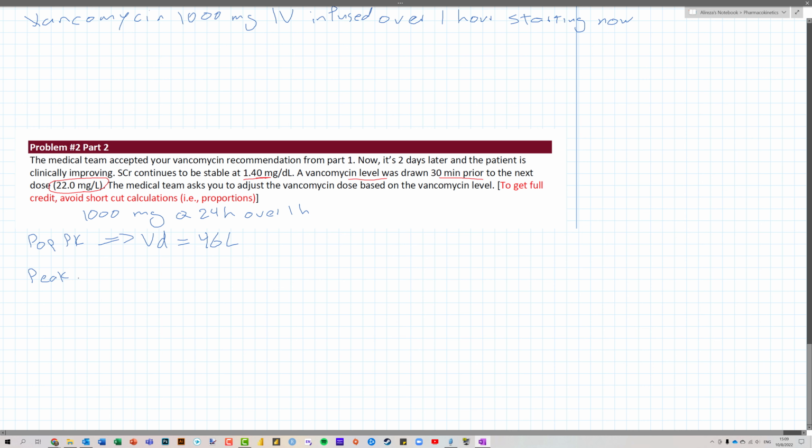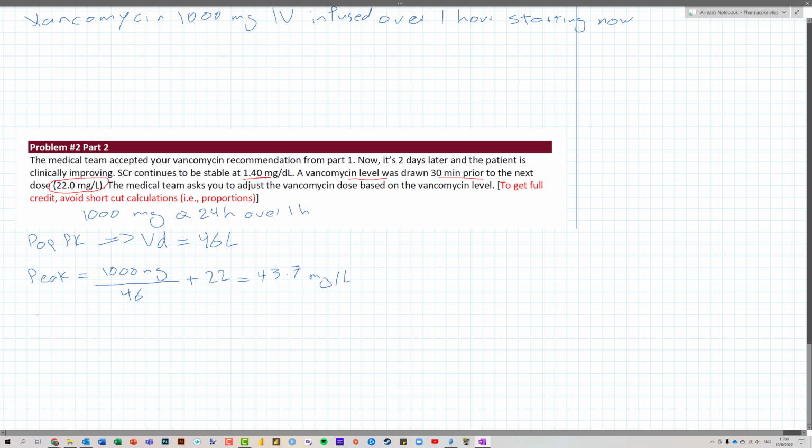So we can estimate what the peak would be in this patient, because we used 1000 milligram, and the volume of distribution we estimated from population PK would be 46, plus the trough, which is approximately 22, and that will give you an estimated peak of 43.7. So the units would be milligram per liter.